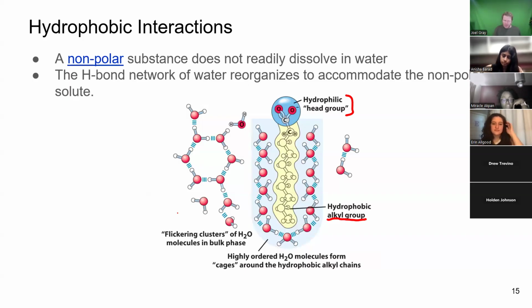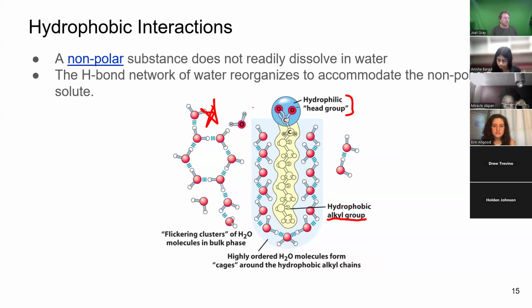Essentially, if you were to take a single fatty acid and throw it in water, this is effectively what's going to happen. This hydrogen bond network within water is going to go from this state right here, where all these water molecules are together, and they are going to reorganize and try to keep a distance between themselves and the hydrophobic alkyl group.